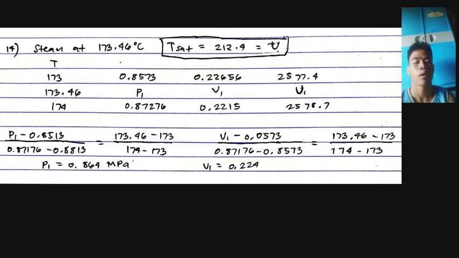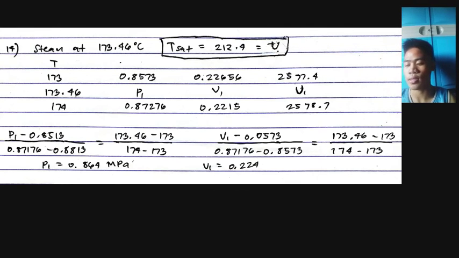So okay, our solution for that, steam at 173.46 degrees Celsius, that will be T saturated equals 112.4.